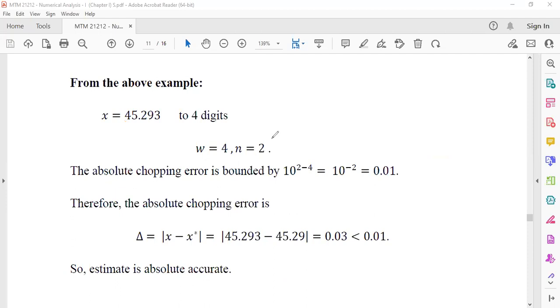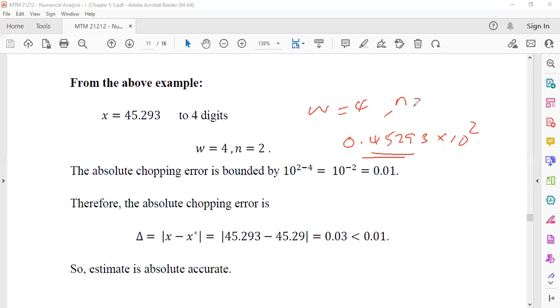Now let's do this example together. The question is about this x. They are asking you to chop it to 4 digits, so we have w is equal to 4. I can write this as 0.45293 times 10 to the power 2, as a floating point number.